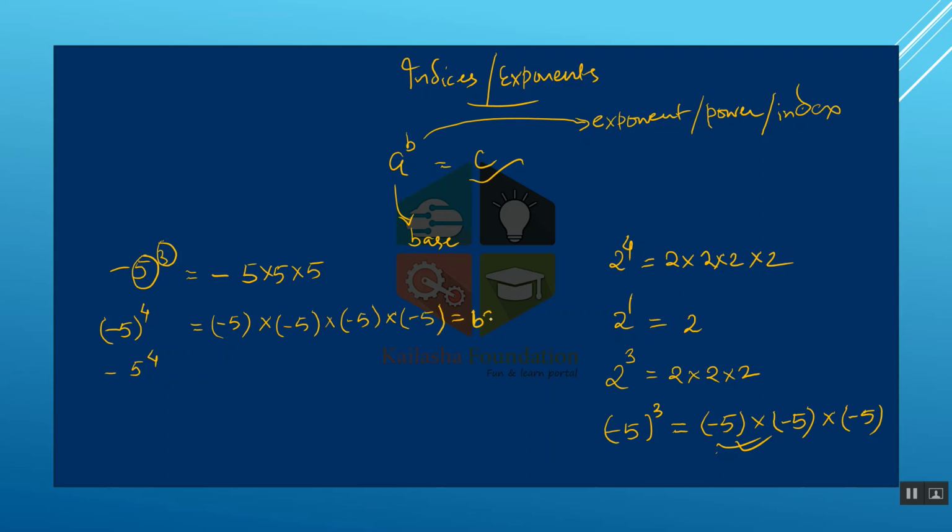So 625, and here minus of 5 raised to the power 4, that is minus 625. So these two are not the same. So you have to keep this first thing in mind, that a minus sign inside the bracket is included in multiplication every time. A minus sign outside the bracket is only for once.